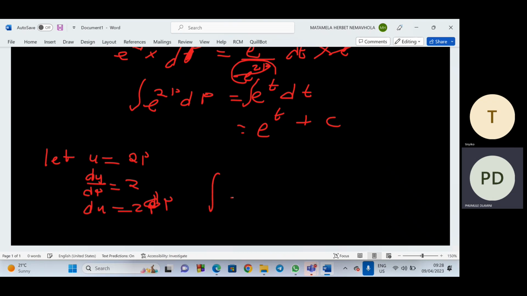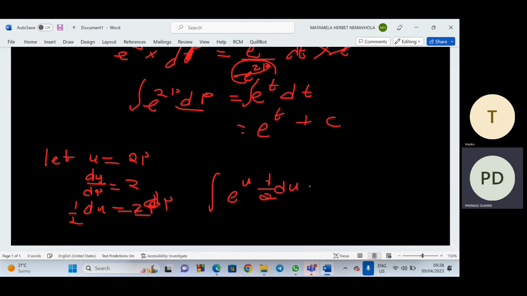If we put e to the power u, because u is 2p, we have 2 dp. We only have dp here, which means we can divide by 2 on both sides. We are going to have 1 over 2 du.